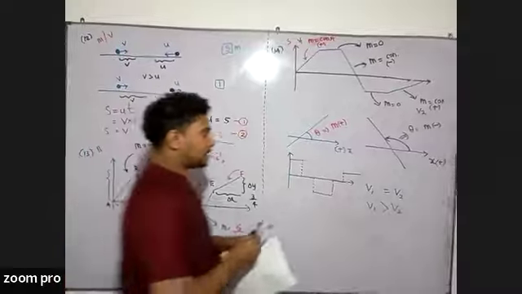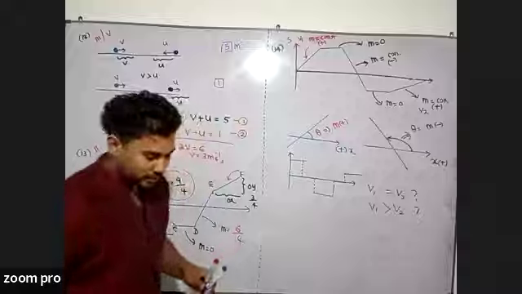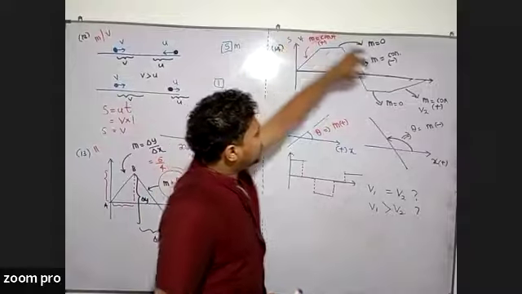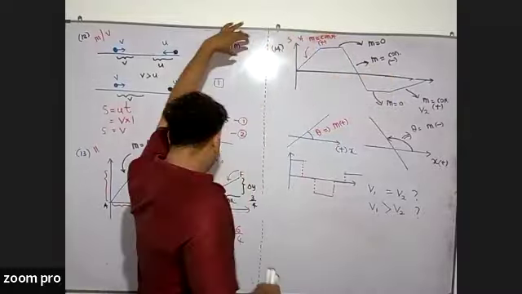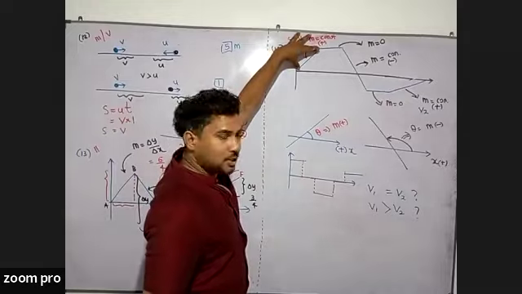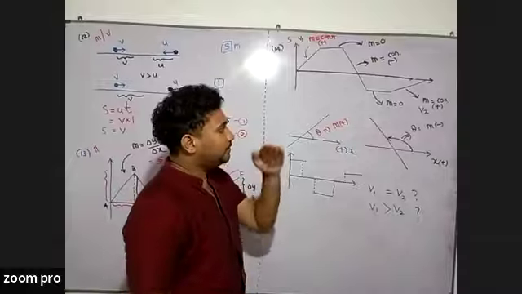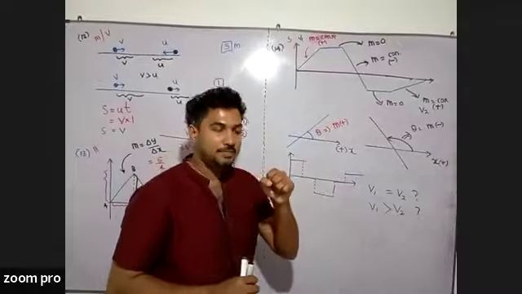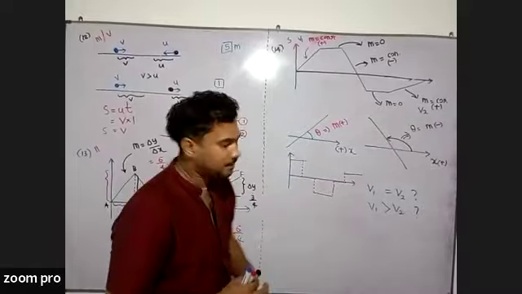So we have to differentiate which one is correct. If you consider the gradient or slope of this graph, definitely you can figure out that this one has a greater slope than this one, isn't it? If the slope is increased, that means the gradient is also increased, right?